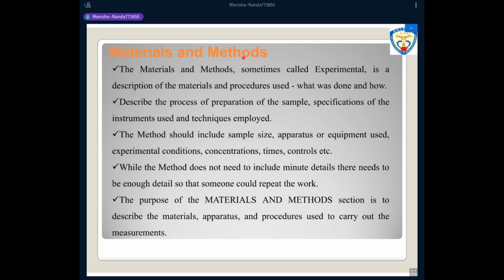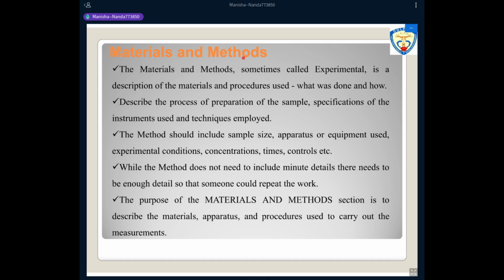So this should be very thoroughly written, and you should explain each and everything very well, so that the reader is very clear that you have actually conducted the experiments and you have taken all precautions, because a very good explanation of the materials and the methods will again reflect that there is no bias in your results, or there cannot be any errors in your results.